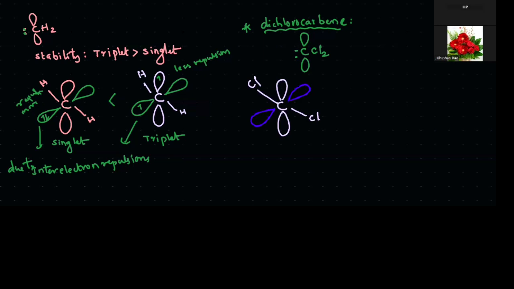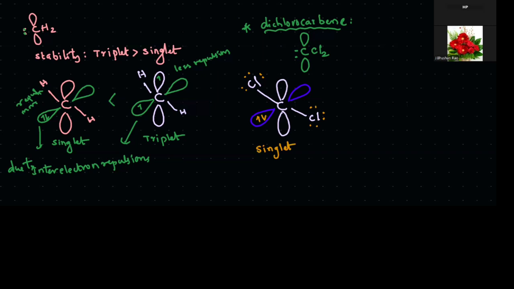Now electrons are present here, 1, 2. If you observe, each chlorine also has 3 lone pairs of electrons, like this. This kind of representation is called singlet dichlorocarbene. In this singlet dichlorocarbene, the spins are in opposite directions.